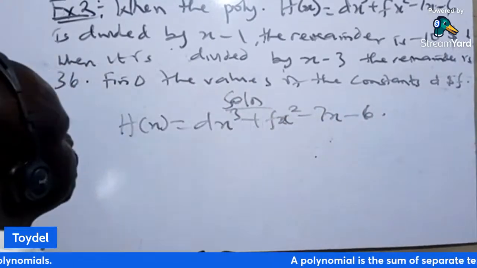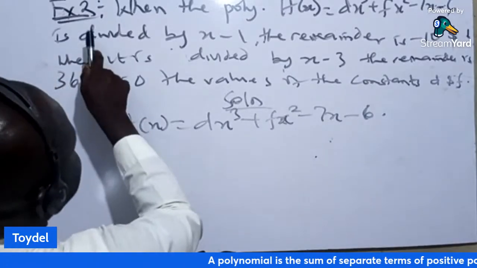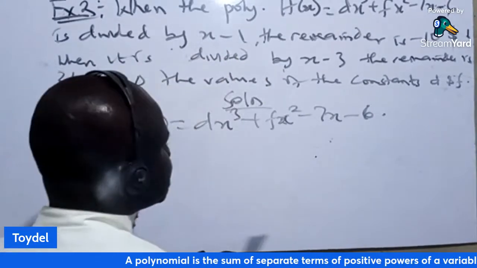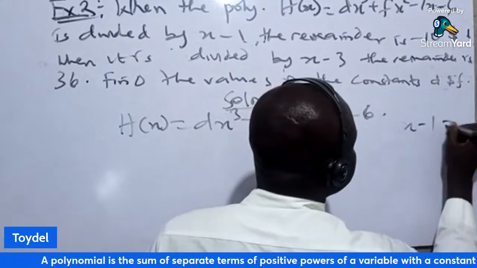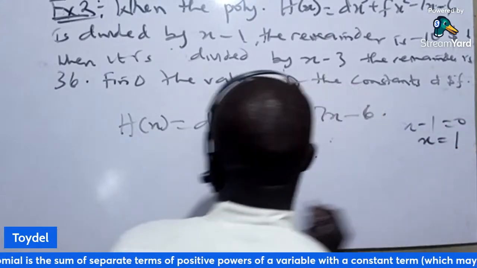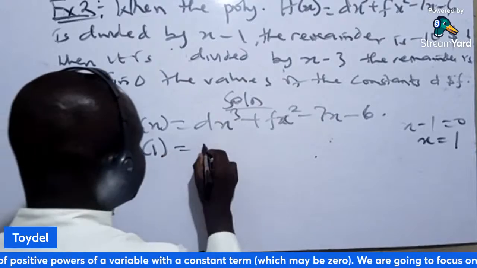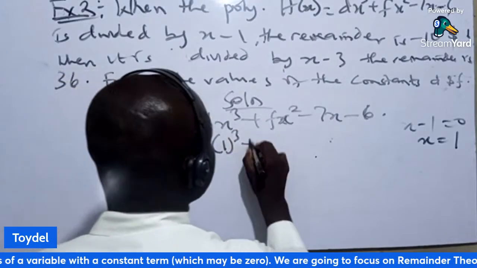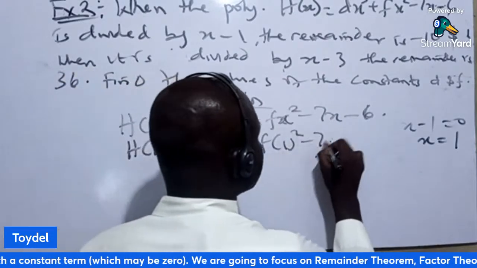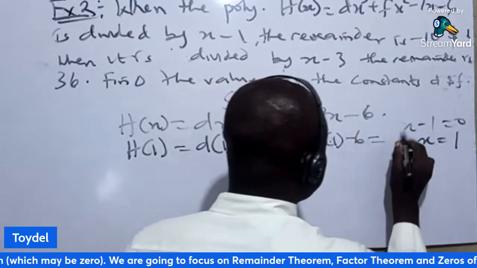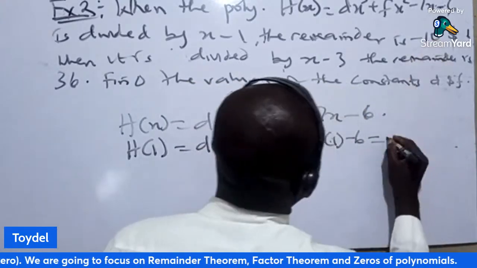That is the polynomial. So the question says that when this polynomial is divided by x minus 1, in this case x minus 1 is equal to 0, then x is equal to 1. So you substitute for h of 1 when x is equal to 1. That will be d into bracket 1 cubed plus f into bracket 1 squared minus 7 into bracket 1 minus 6. The remainder is given as minus 10.